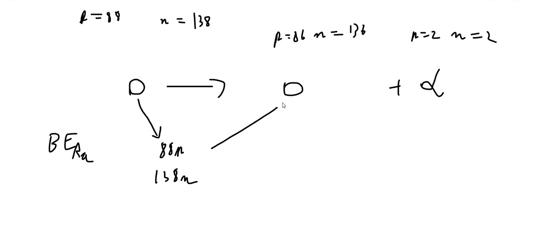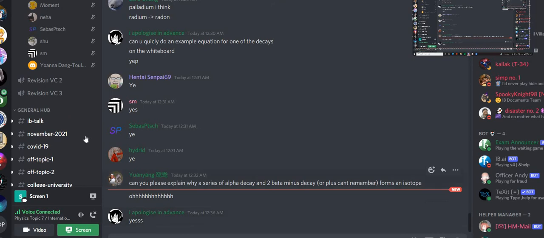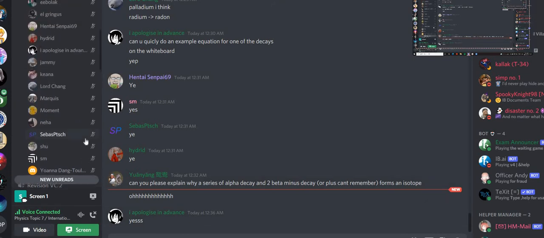And then these protons and neutrons reform into the alpha particle and the radon. And then it releases the binding energy of radon and the binding energy of the alpha particle. Does that make sense to you guys, or is it confusing? Do let me know. I can slow down and re-explain this.